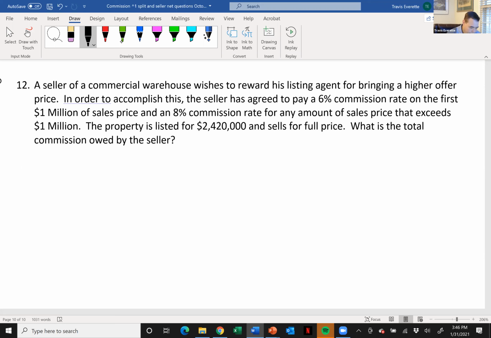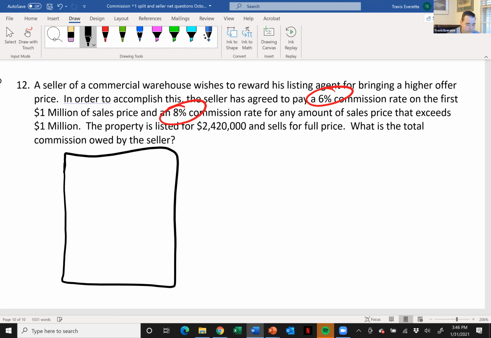Well, here's what I see. I've got two commission rates, 6% and 8%. So I know I've got to do this kind of structured commission thing. So I'm going to draw my graph here and let's find out where the divisions are. It says I've got one commission here, 6% on the first 1 million. So I'm going to put me a line right here that says 1 million.